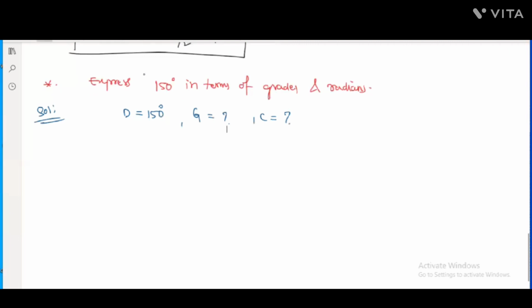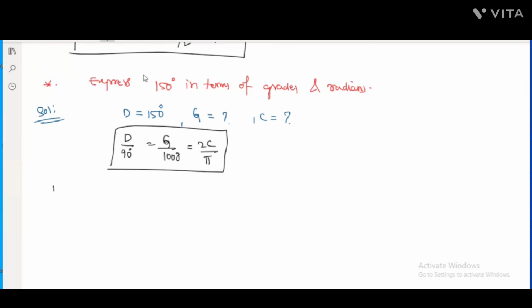What is the relation we have between these three? D by 90 is equal to G by 100 is equal to 2C by pi. First I'll find G. For that I take D by 90 is equal to G by 100.